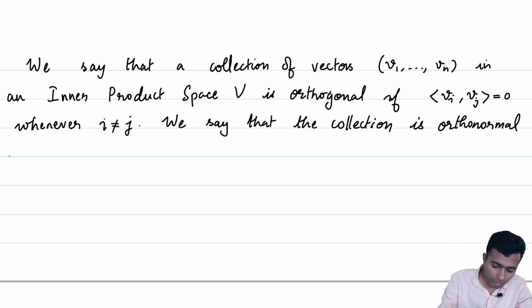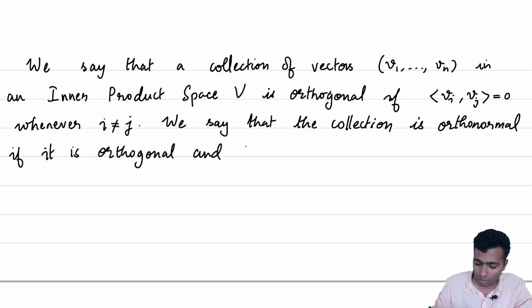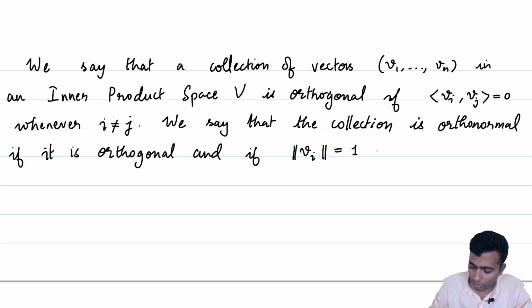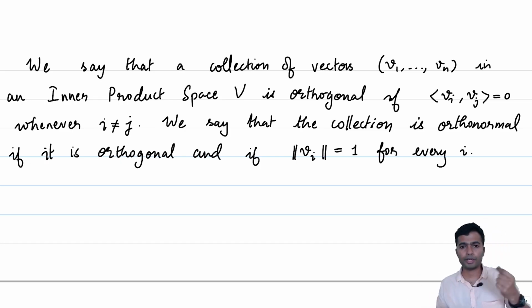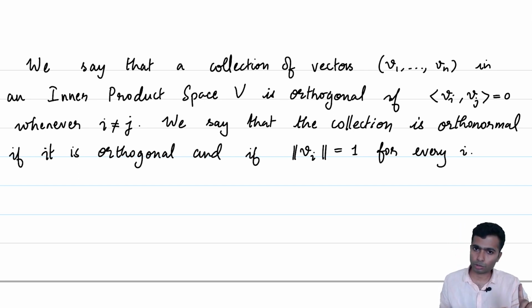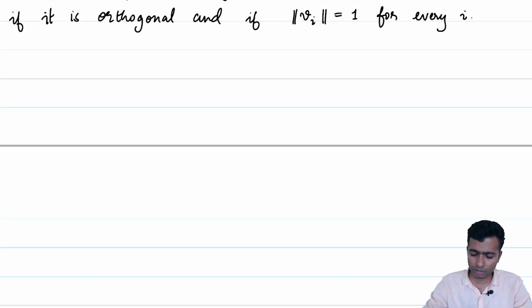It is orthonormal if it is orthogonal and if the length of vi is equal to 1 for every i. So it's not enough for the vectors to be pairwise orthogonal, but the length of the vector should also be 1. So let's look at a few examples.